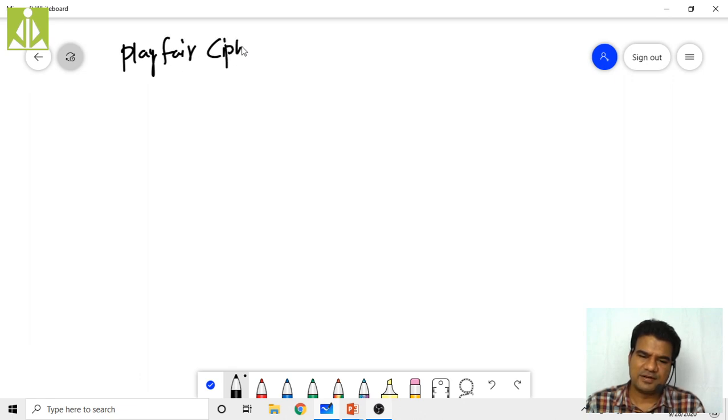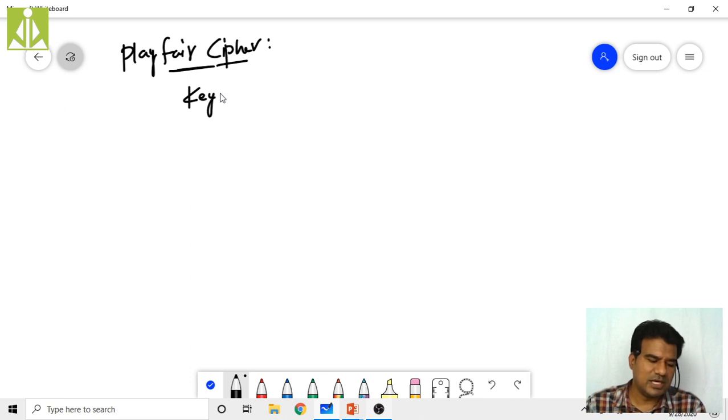The Playfair cipher technique is also very simple, but it is very difficult to perform the cryptanalysis. Soon you will understand why. First, they will take a key value.